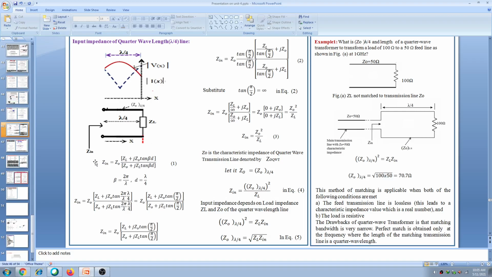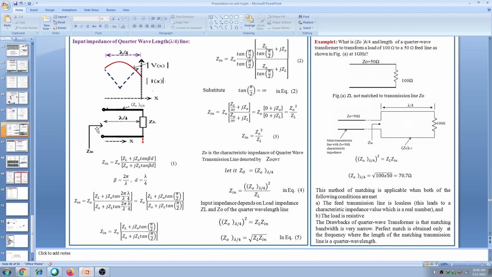Even though ZL is fixed, ZIN can be obtained at any value based on the characteristic impedance of the transmission line. So choose a proper value of characteristic impedance, and you can get the required value of ZIN.